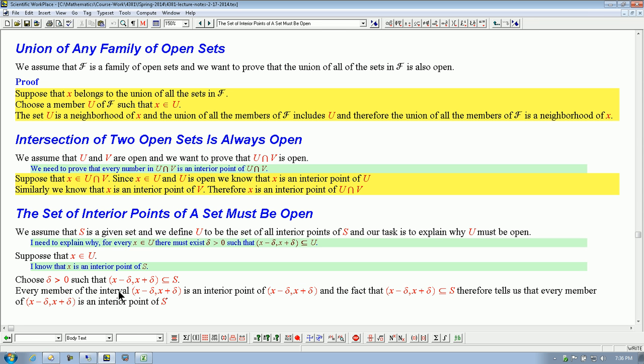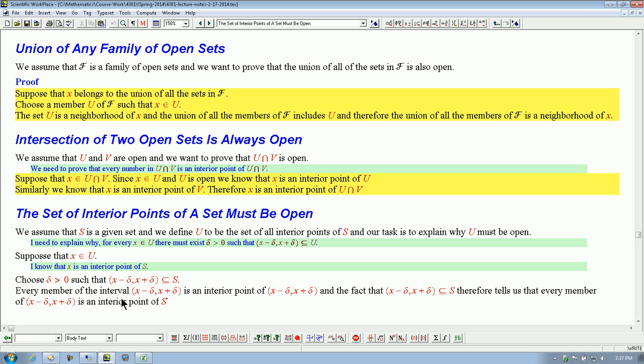You see, look here. If a number is an interior point of a certain set and you take a bigger set, isn't your number also an interior point of the bigger set? That was one of the first things I told you. If a certain set is a neighborhood of a number and you take a bigger set that includes it, any set that includes a neighborhood of a given number is also a neighborhood of the number.